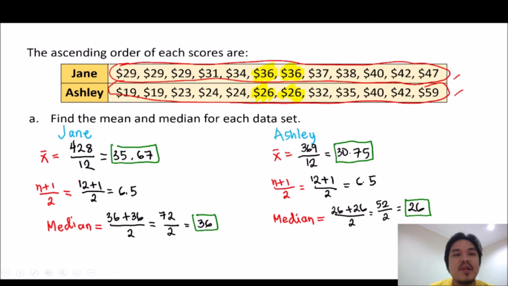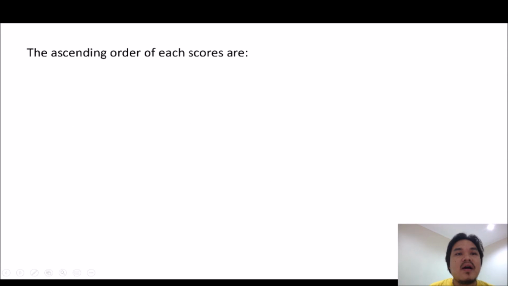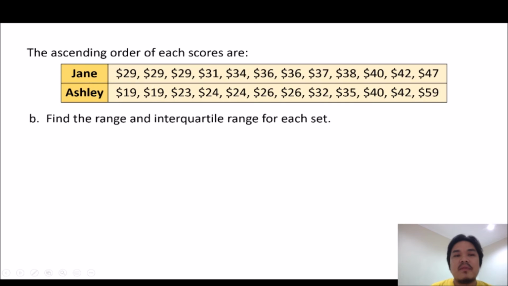Okay, so let's proceed with the second question. Okay, so we want to find the range and the interquartile range for each set. Okay, so to find the range for Jane's data, we need to identify the minimum and the maximum value.